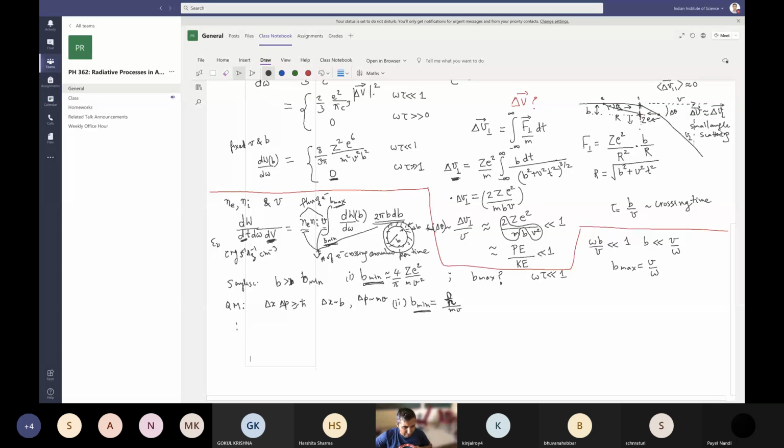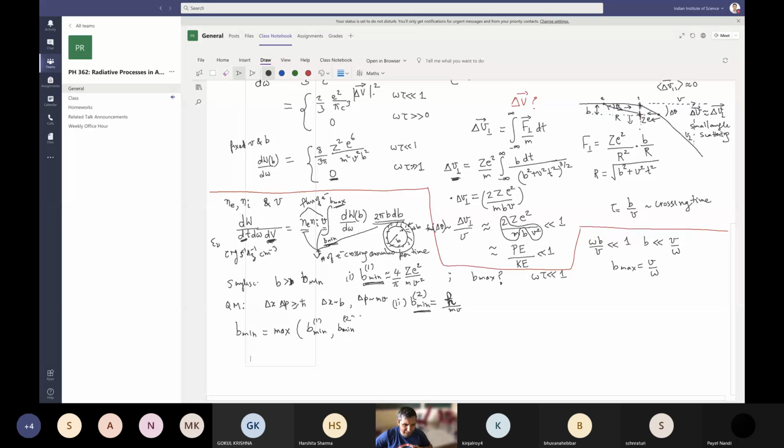So we should use B min equal to the maximum of B min 1 and B min 2.